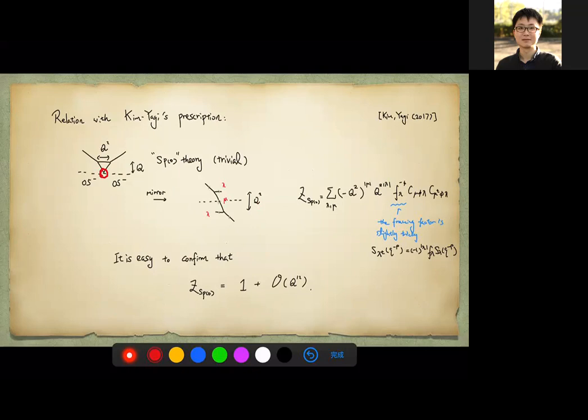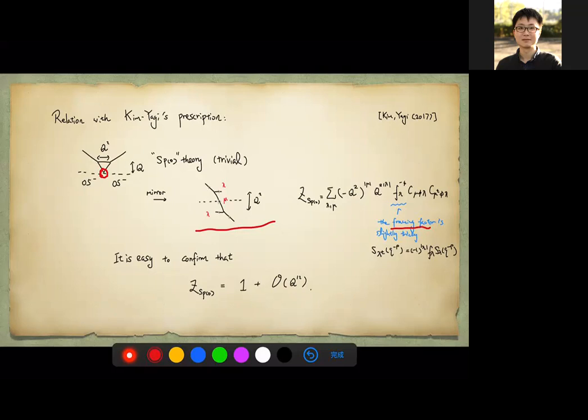Their proposal was that we should consider this kind of mirror expansion of the diagram and apply the usual topological vertex formalism to this kind of diagram, being a little careful about the Fermi factor in the calculation.